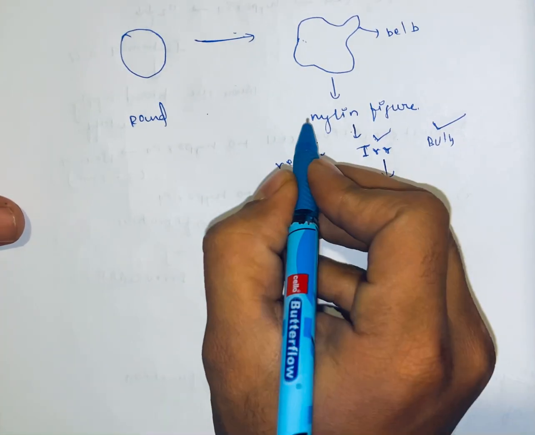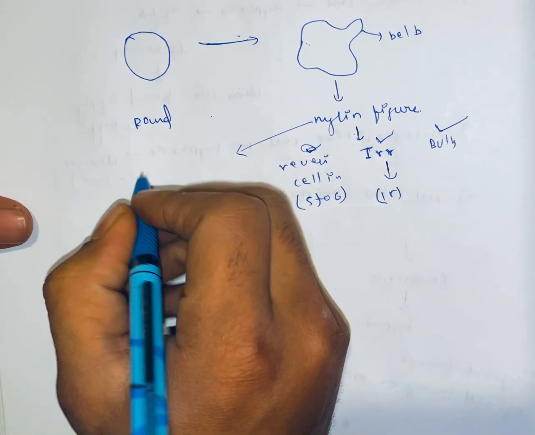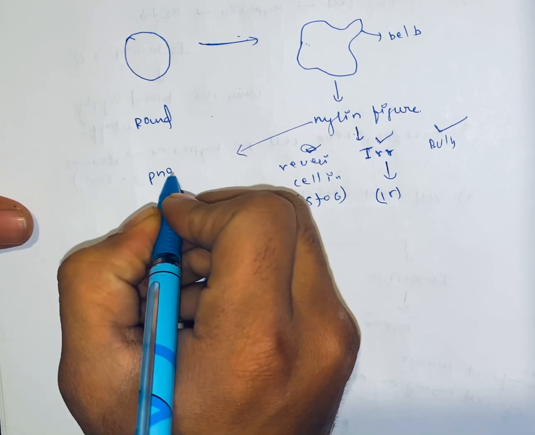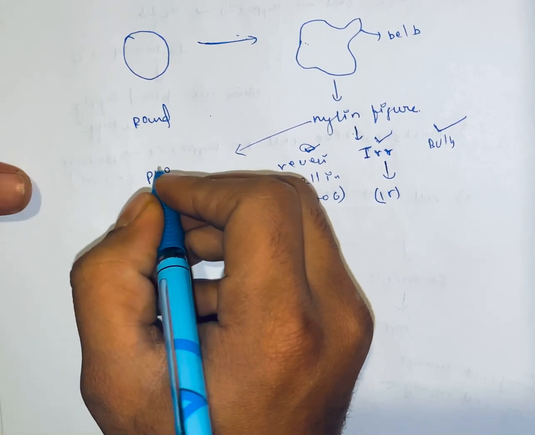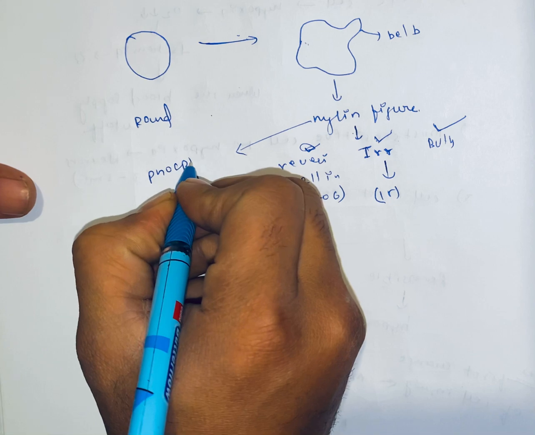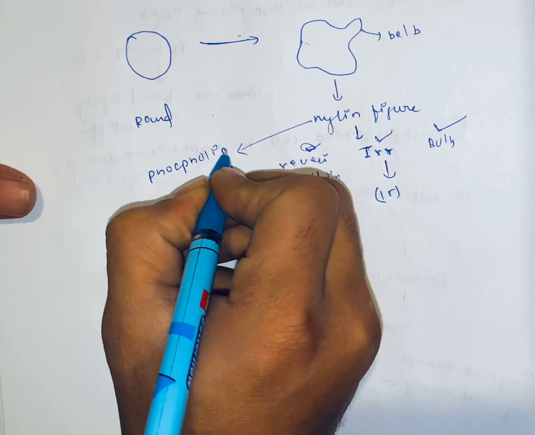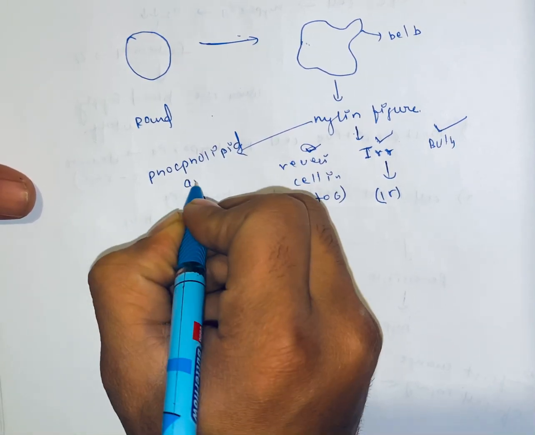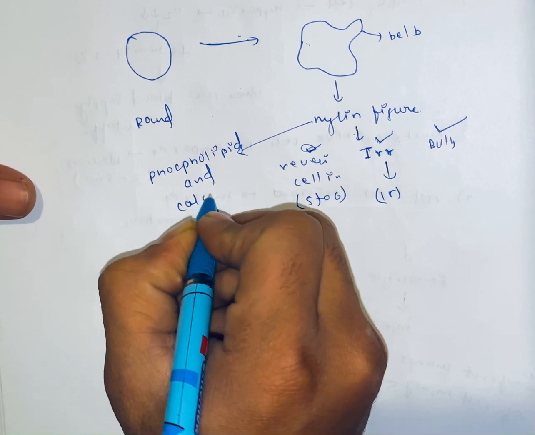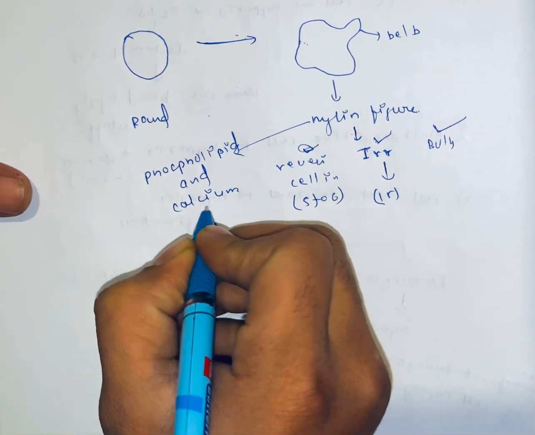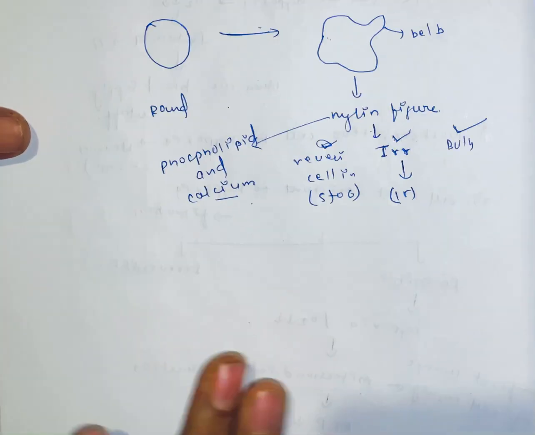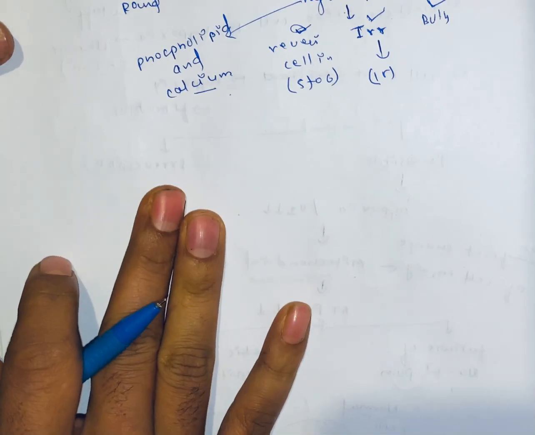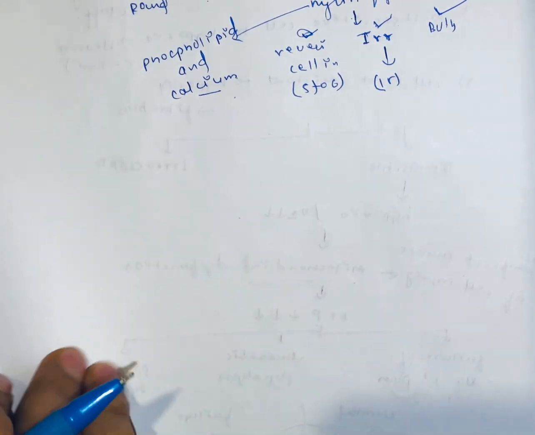And these myelin figures are made up of phospholipid and calcium. This also comes in exams.